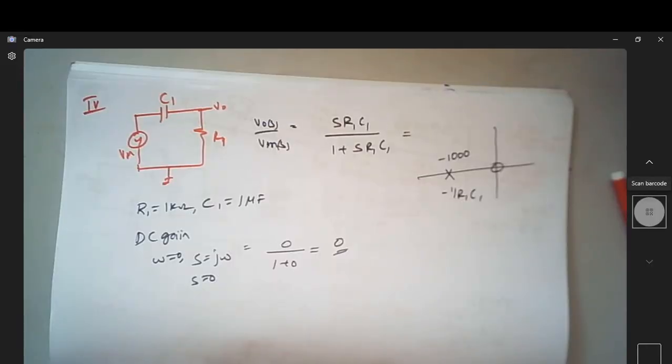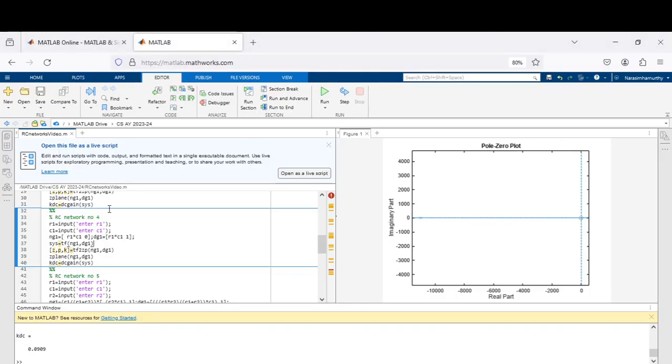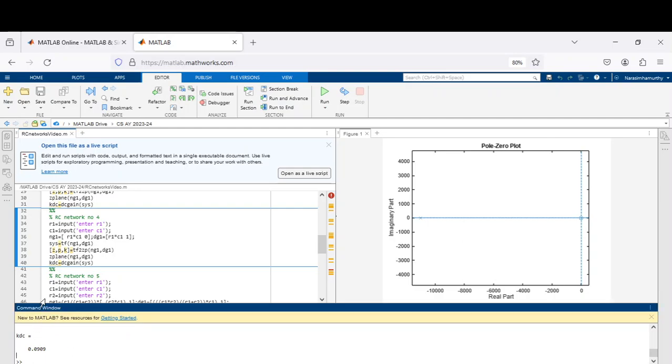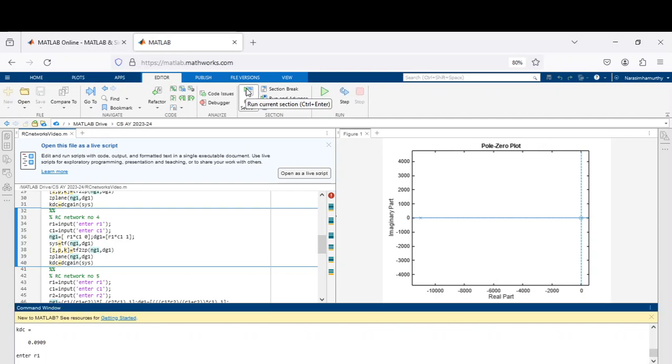Once you are there, let me give values. Let me give this as 1000, and this as 1 e minus 6.